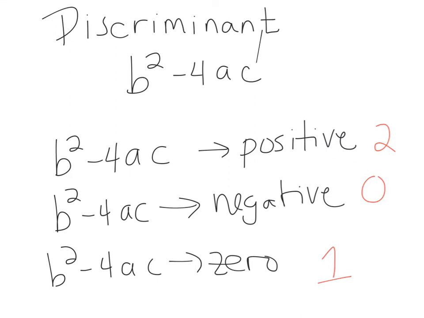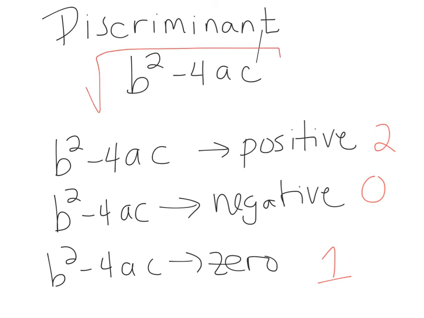Finally, the last piece that I want to define for you from this section is a piece of the quadratic formula called the discriminant. That piece is the b squared minus 4ac piece, and if you recall, that's the piece that's typically underneath the square root sign.